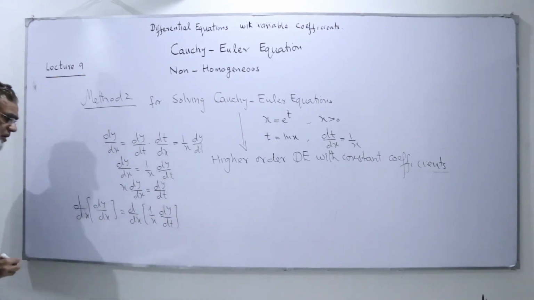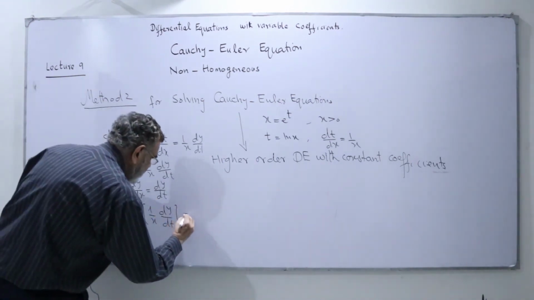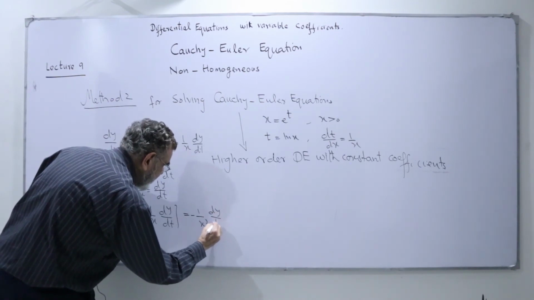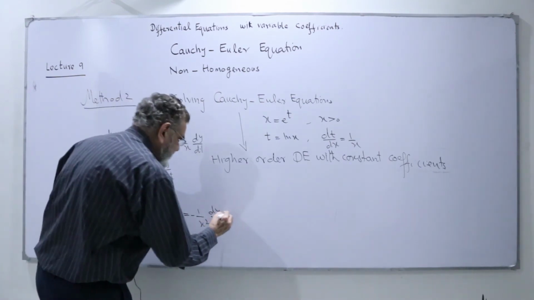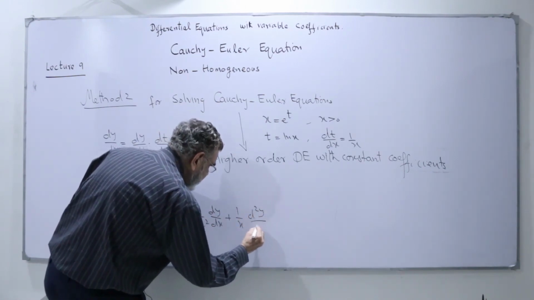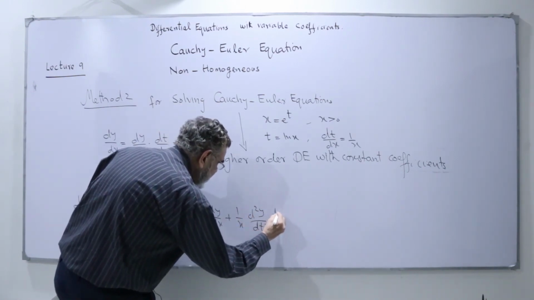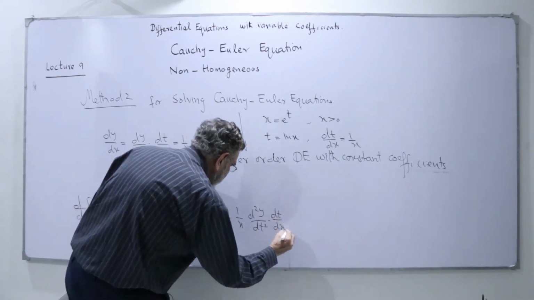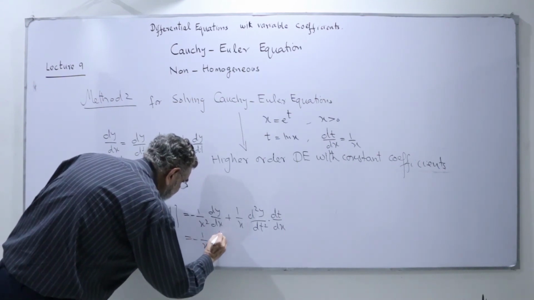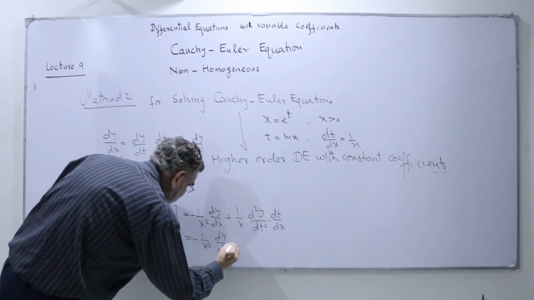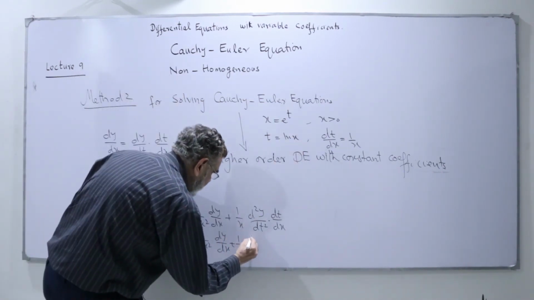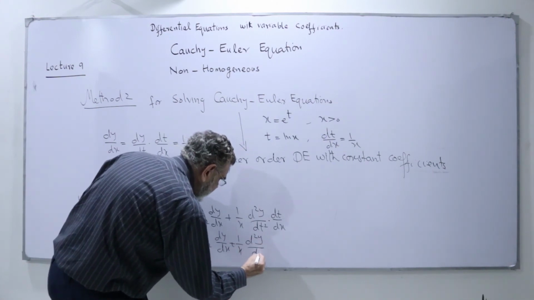So the derivative of the first function will be minus 1 upon x square dy by dt, and the derivative of dy by dt will be d2y by dt square into dt by dx. We know the value of dt by dx. We get this equal to minus 1 upon x square dy by dt plus 1 upon x square, putting the value of dt by dx equal to 1 upon x, d2y by dt square.